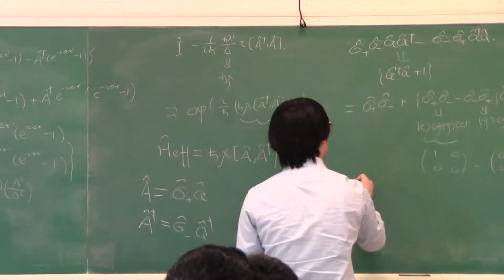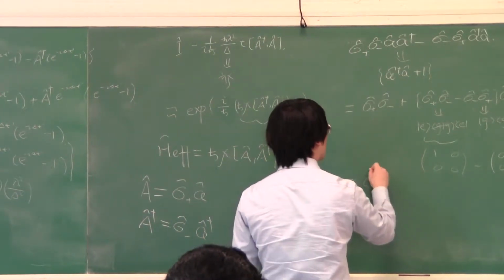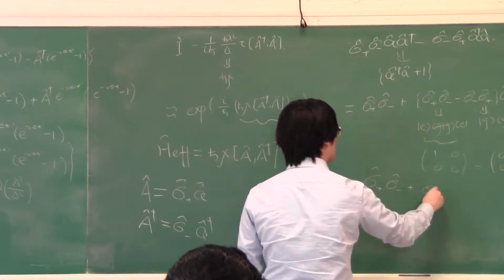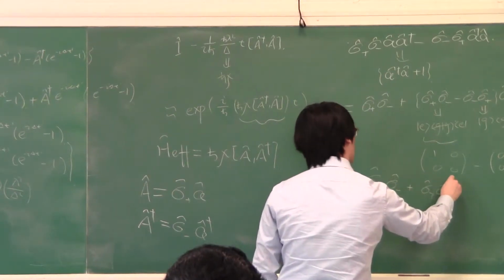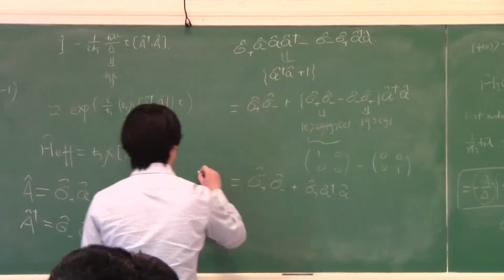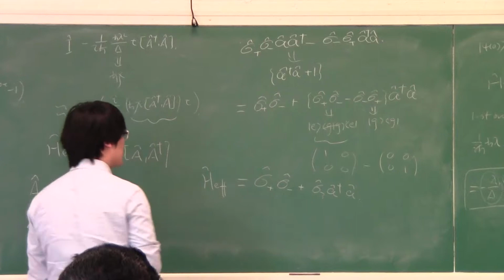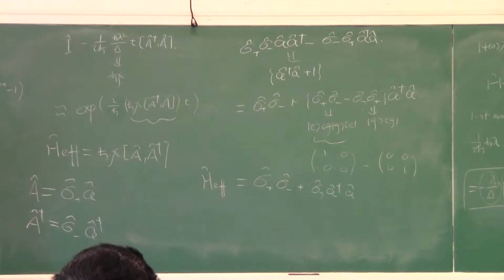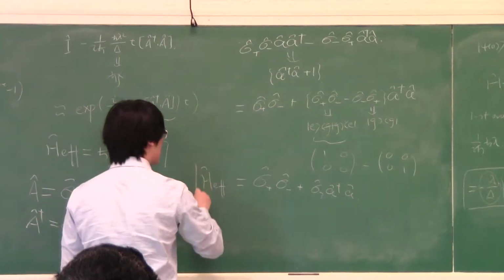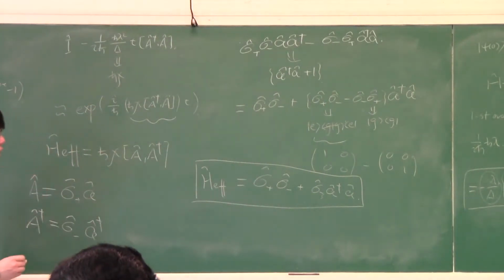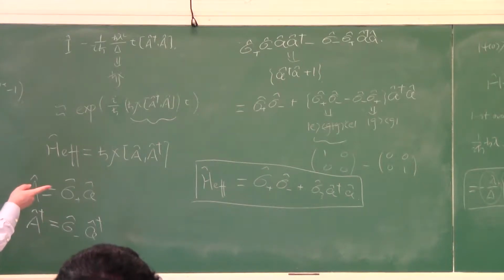Okay. So we get that the Hamiltonian is equal to, okay, so that's our result. And as I was saying earlier, what's special about this Hamiltonian is that you see that the number operator appears here.